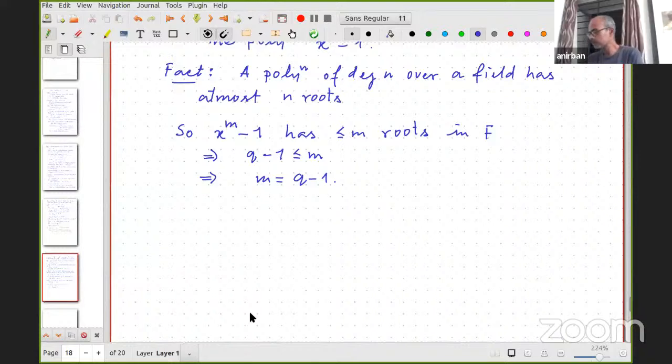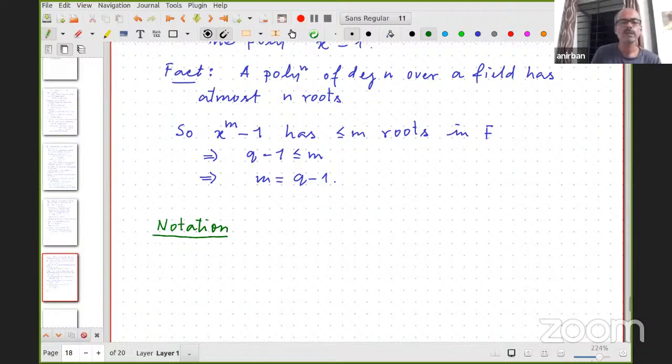Okay, so one thing about notation. So we would follow this. We write F_q for a finite field.